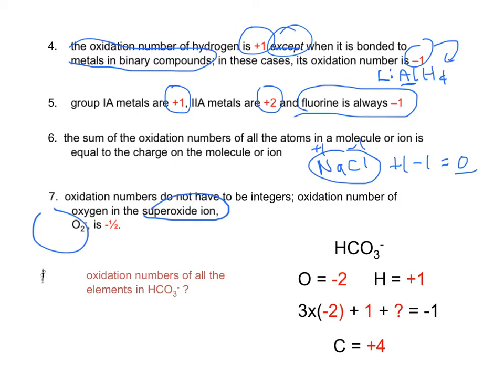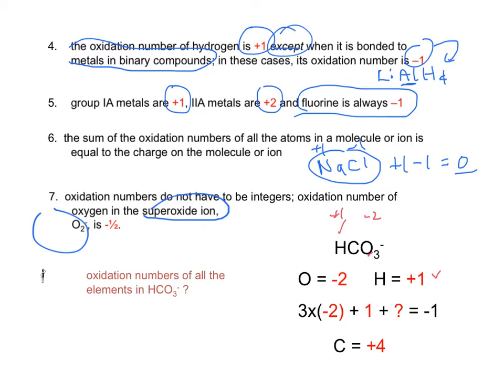Hydrogen, for sure: it is not attached to a metal, so we can be very confident in the +1 oxidation state. And with oxygen over here, we know that oxygen is typically -2, so we can be very confident in our -2 oxidation number.